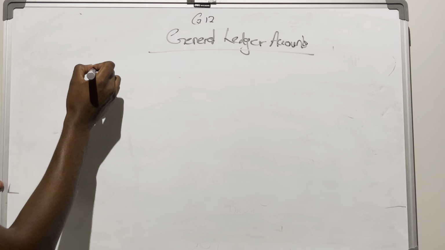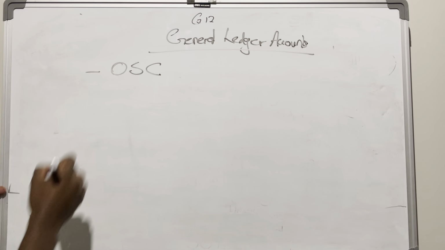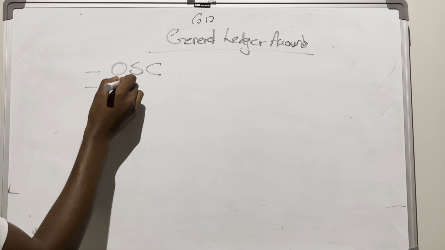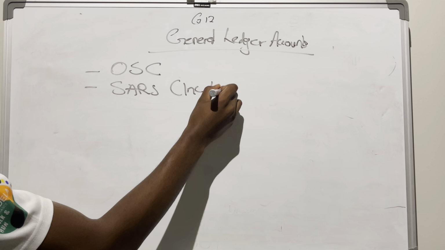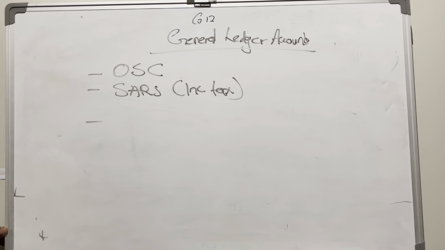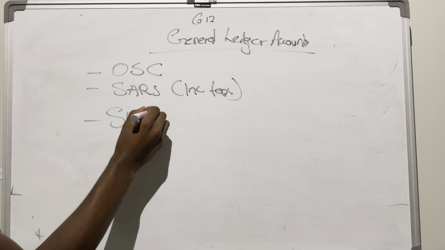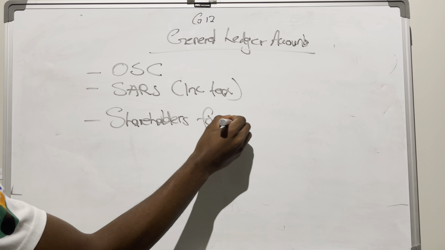General ledger accounts, we're looking at your ordinary share capital. We're looking at your SARS income tax. We're looking at your shareholders for dividends.